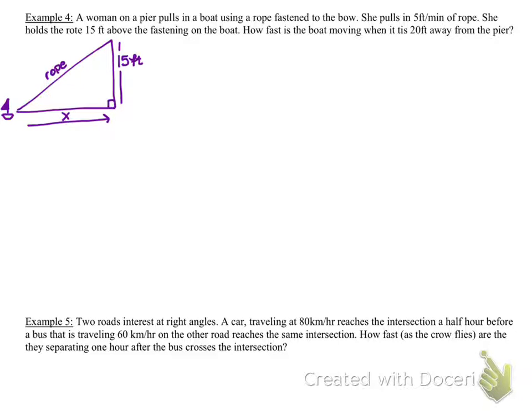And we're not thinking about an angle anywhere in here, so no trig. There we go. So we've got x squared plus 15 squared equal to r squared.